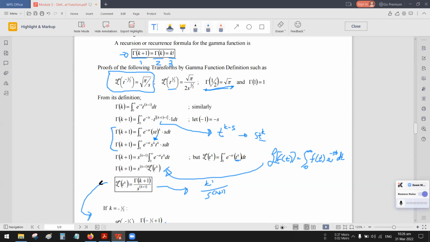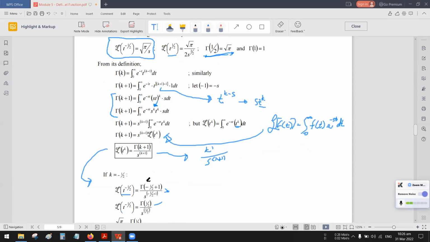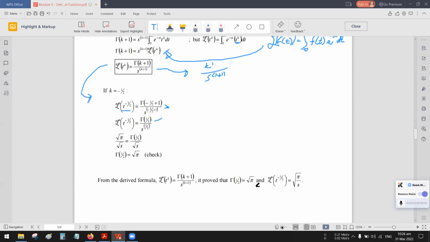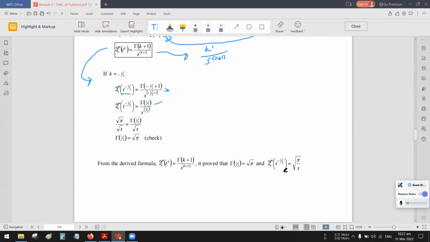And then we use this one for the following transforms by gamma function definition. So from the derived formula naman, dito, let's say we still have your k here. So it proved that gamma 1/2 is equal to square root of pi. Ito manipulation na 'to eh. Ayan.